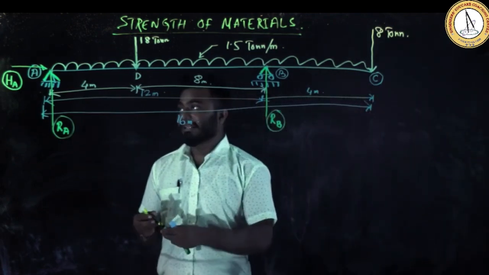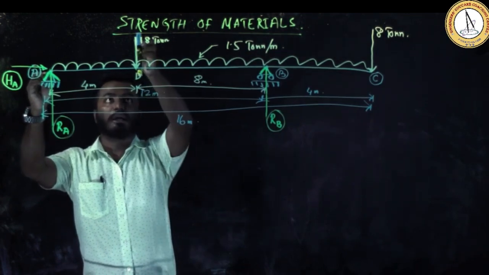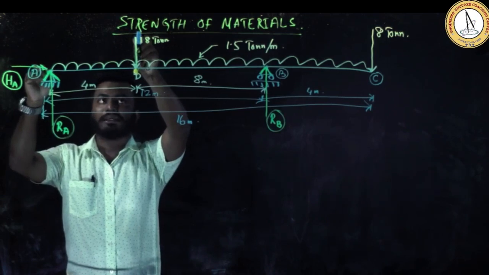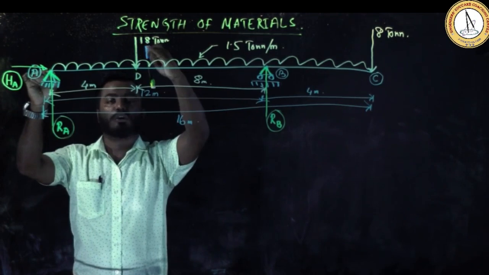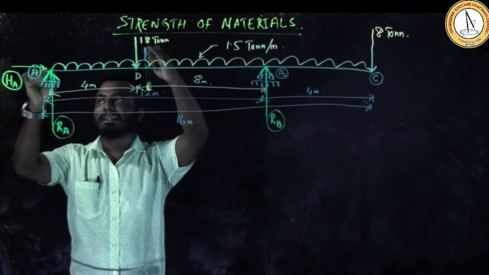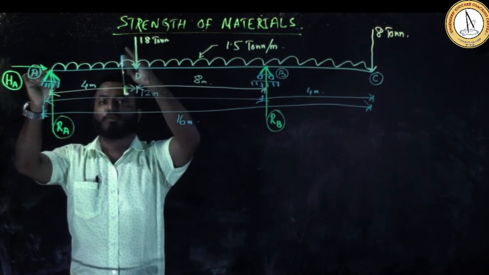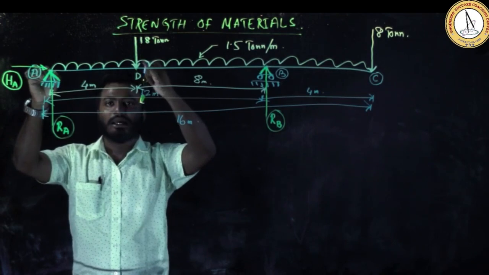Say I am interested to find the bending moment at A due to the point load acting on D. Bending moment at A is equal to force times perpendicular distance. The force is 18 ton and the distance is 4. So 18 into 4 ton meter amount of moment is acting at A due to the presence of the point load at D.